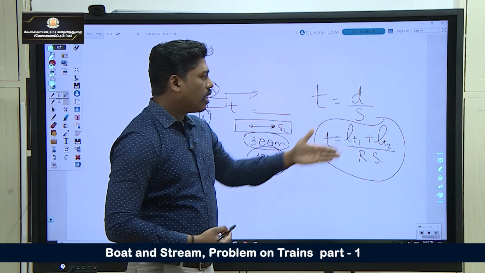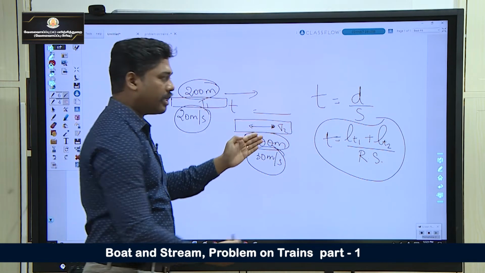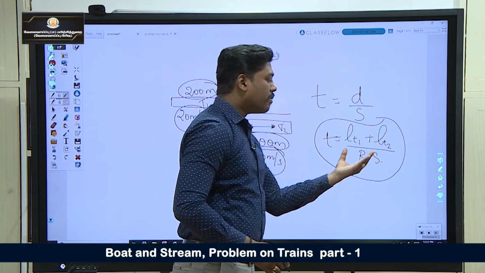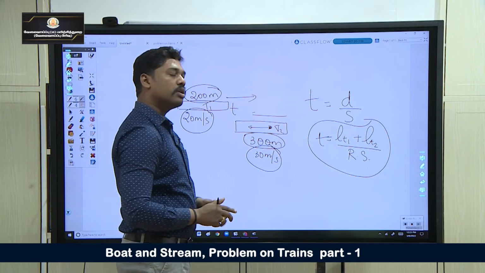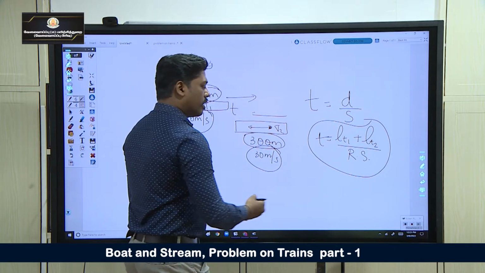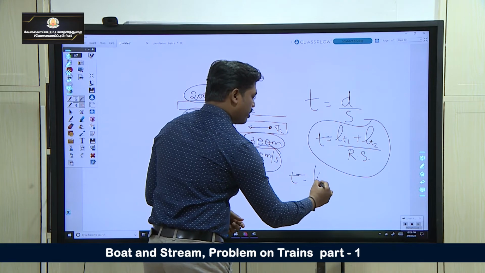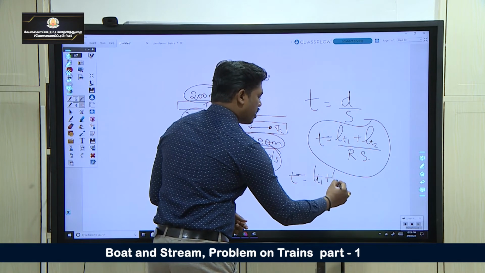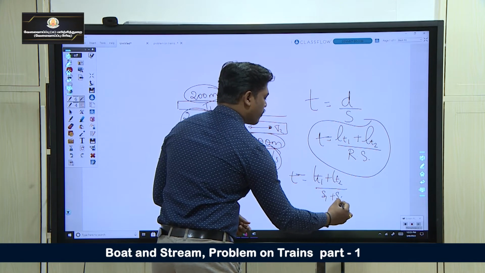Distance by speed. How much distance do we have? Length of train 1 and length of train 2. That is the distance here, divided by speed. Here the two objects are moving, so we use relative speed. If they are moving in opposite direction, it is positive. So length of train 1 plus length of train 2 divided by S1 plus S2.